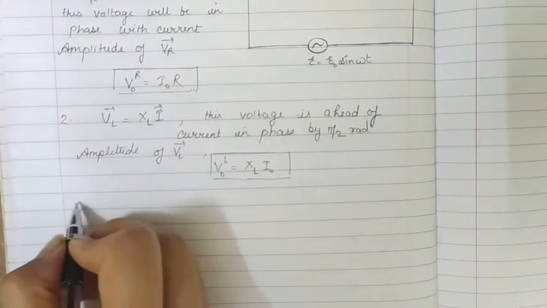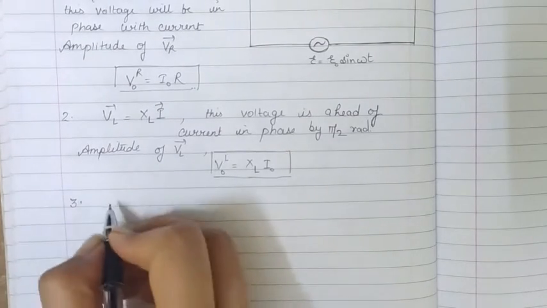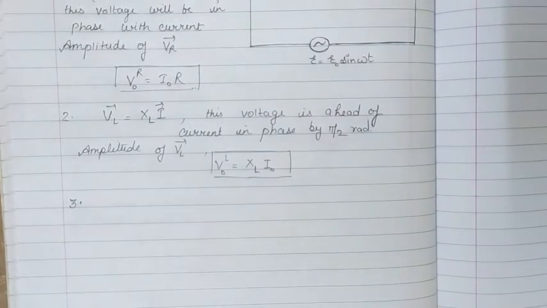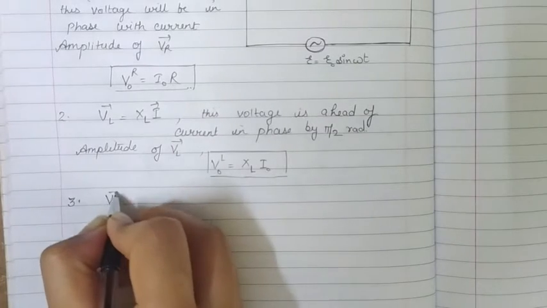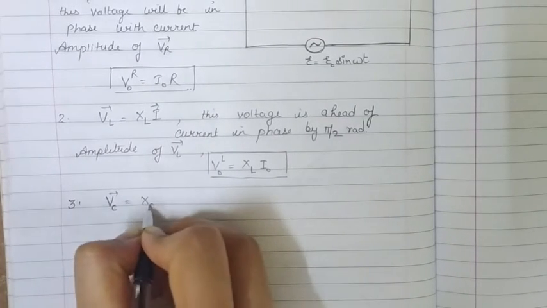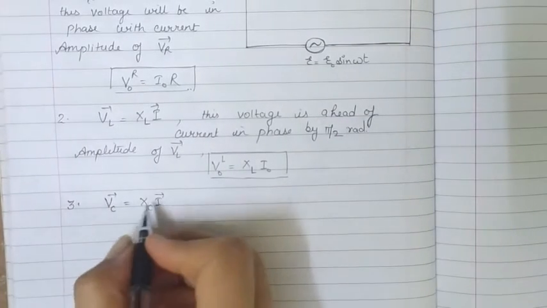Moving to the third circuit element, the capacitor. The voltage VC vector is equal to XC I vector across the capacitance.